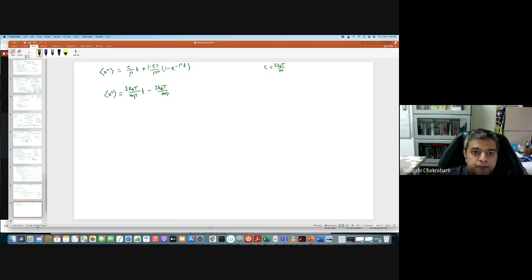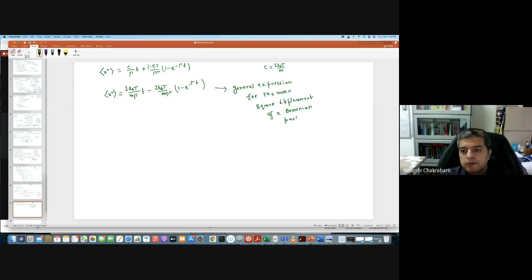square actually. And this is a general expression for the mean square displacement, with no external force.